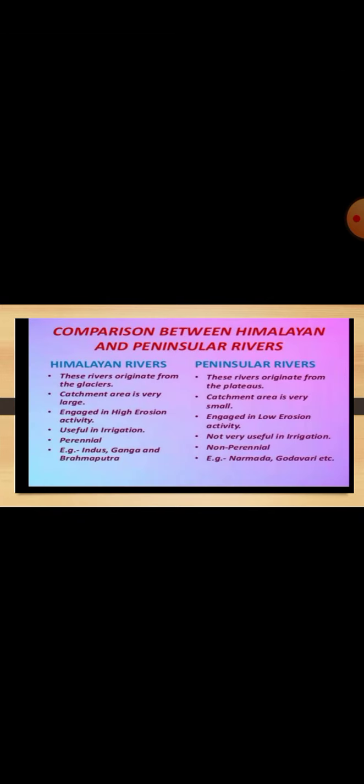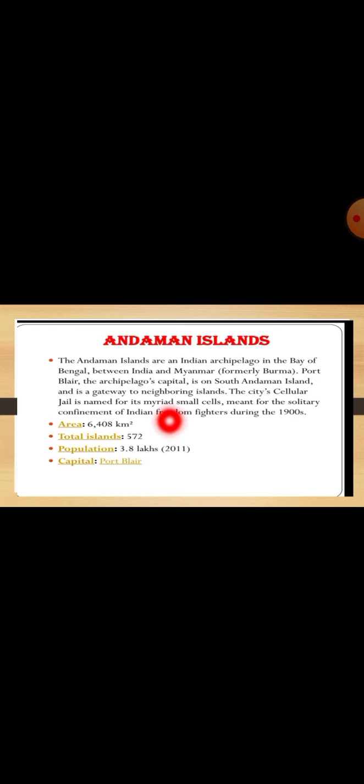Next, island groups. In the east part of India, we observe the Andaman Nicobar Islands, and in the west part of India, we observe the Lakshadweep Islands. Let's see the Andaman Islands. The Andaman Islands are an Indian archipelago in the Bay of Bengal between India and Myanmar, formerly Burma.